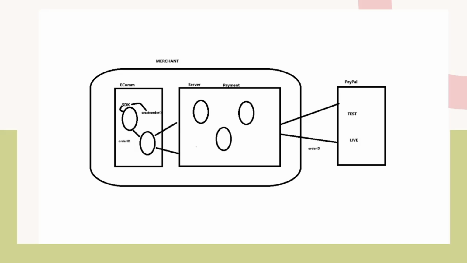The order ID is returned to the e-commerce UI, which passes it to the backend server to process the payment. The payment server can also be called a merchant server.